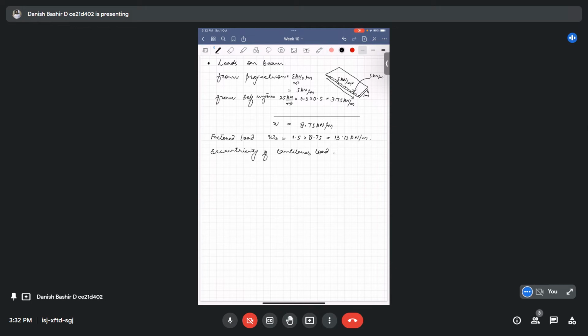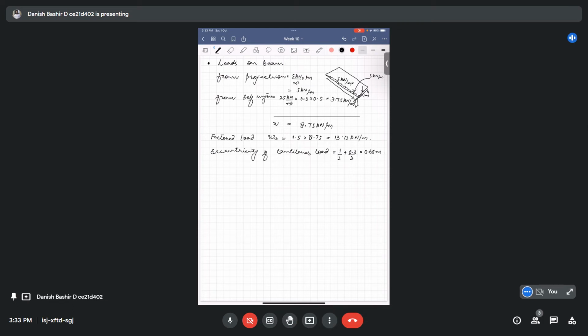The eccentricity will be half the projection plus half the beam width: 1 meter divided by 2 plus 0.3 divided by 2, which is 0.65.